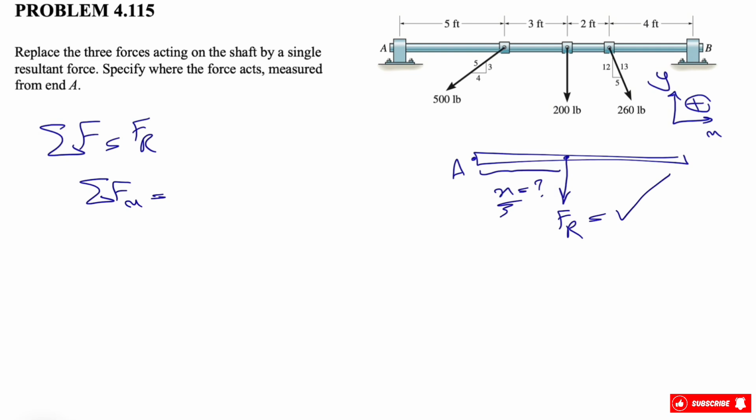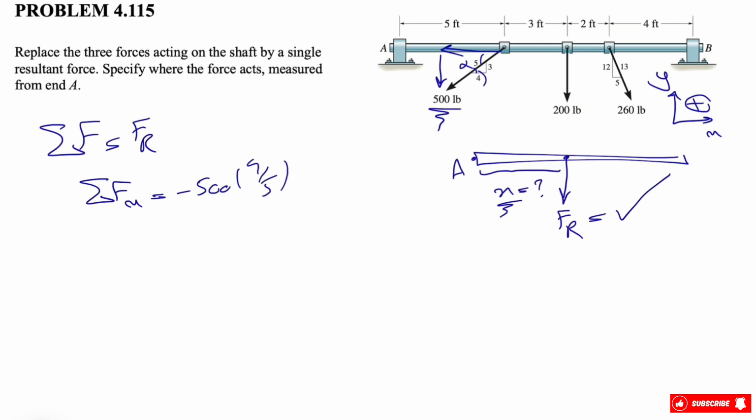So the first force in x direction is the 500-pound force. First of all, we know this will be our x and this will be our y. So the x will be minus 500 times cosine of this angle that we have in here, and since we have these dimensions in the question regarding the angle, for finding the x component we will have the cosine of alpha, which will be 4 over 5.